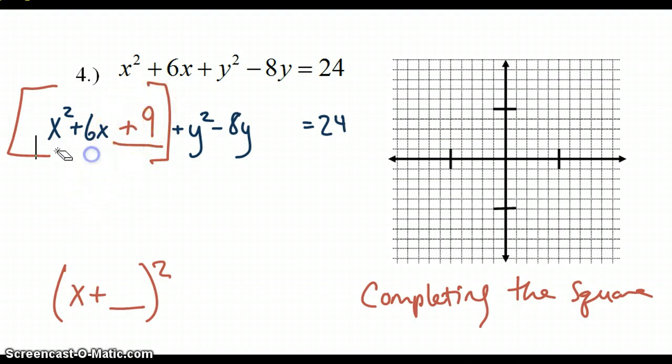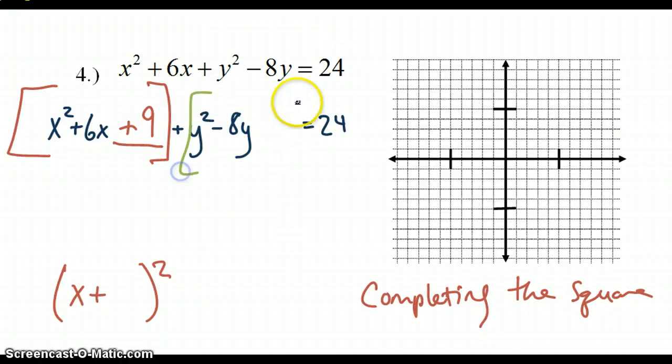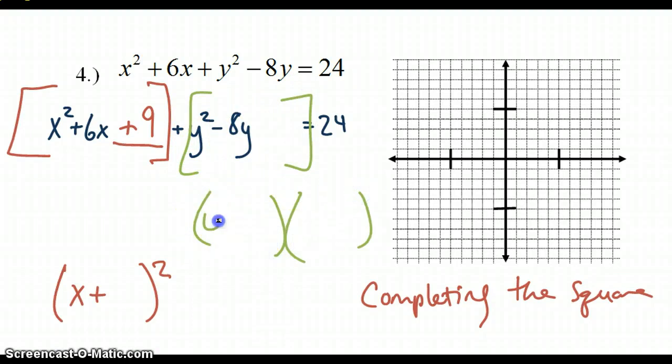Using the same type of process, we're going to do that with the y's. Let me change colors. Okay, with the y's, we've got y squared minus 8y. So if we want to find something that when you multiply it by itself becomes y squared minus 8y plus or minus something, you're going to want to divide this negative 8 by 2.